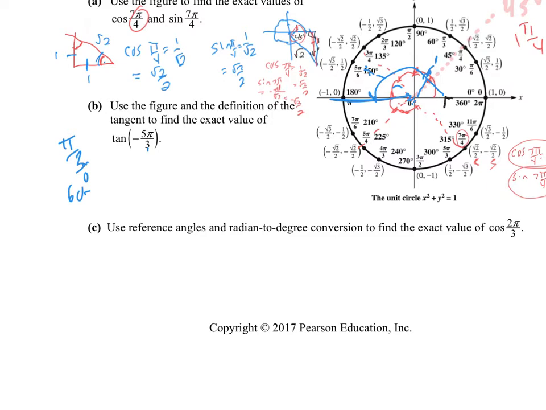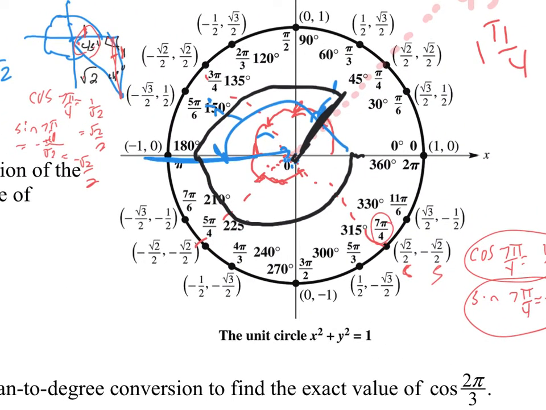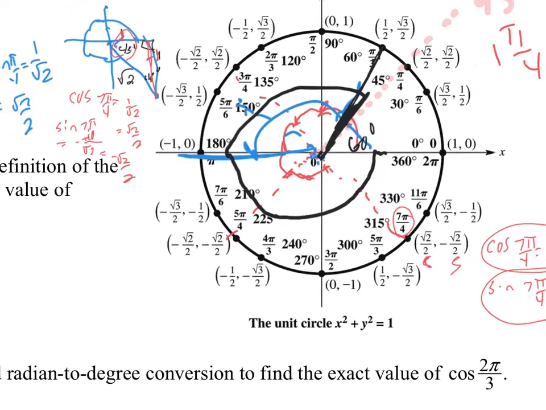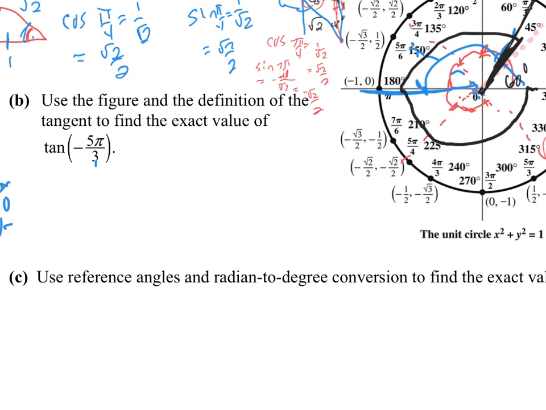So here's negative 1, negative 2, negative 3, negative 4, negative 5. I know I'll have to be in this quadrant right here, and I'm going to go up to the 60 degrees here. Why do I know I go up to that 60, or pi over 3? Because this is also 60 degrees here. And so that's all that's left. Think about what he asked for. Negative 5 pi over 3.